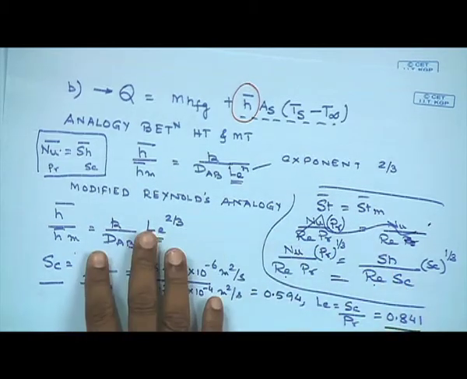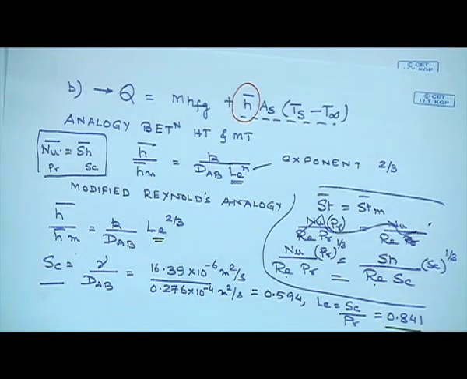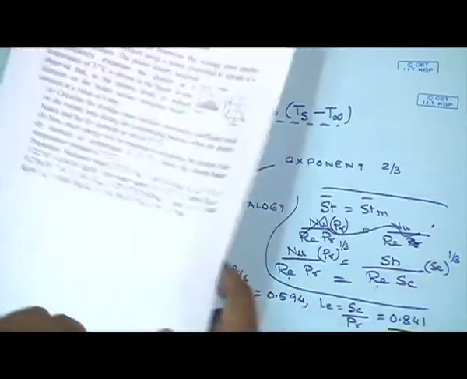So, using the modified Reynolds analogy, I calculate the heat transfer coefficient in this case. Once I have the heat transfer coefficient, my total energy would be the convective mass transfer energy requirement and the convective heat transfer energy requirement. Sum these two and you get the total energy requirement.